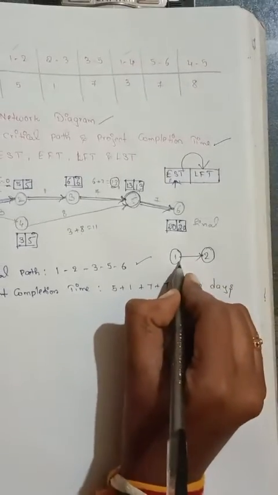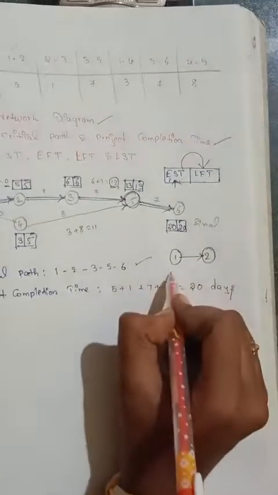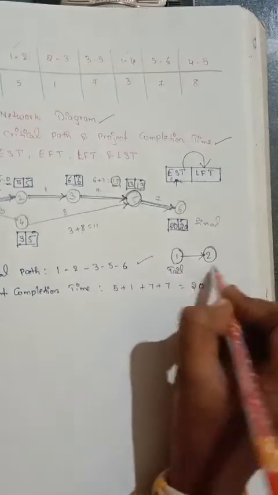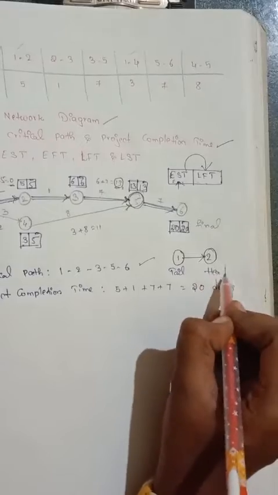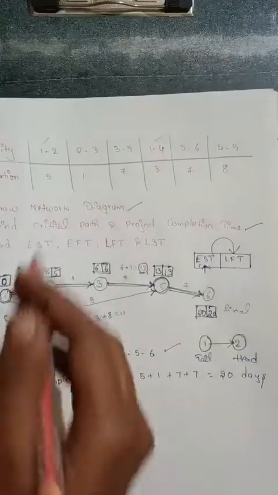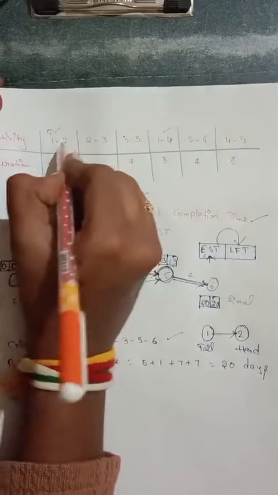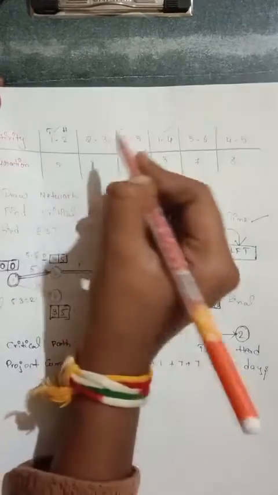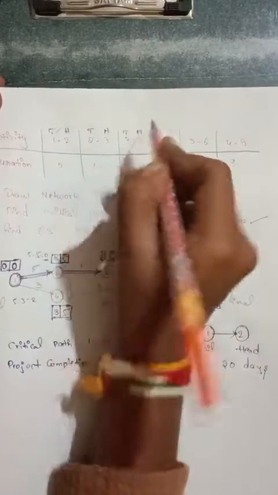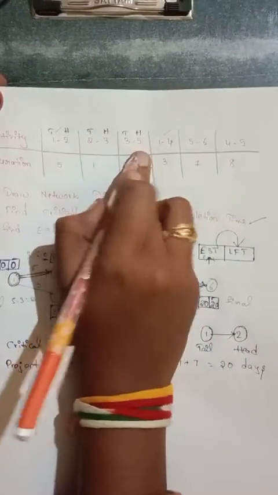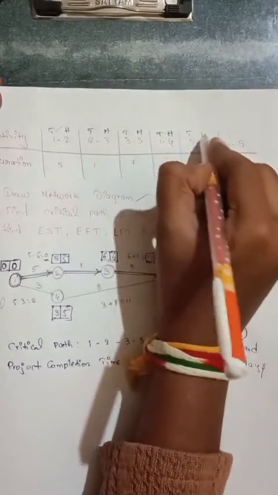So at the initial stage, whatever the value, you need to represent it as a tail, and the next node it is connected to is the head value. So here in the question, 1 to 2, 1 is a tail value and 2 is a head. So here 2 to 3, it is tail, it is head. Same guys, the first value is a tail and the next value is head. So for the remaining also tail and head.